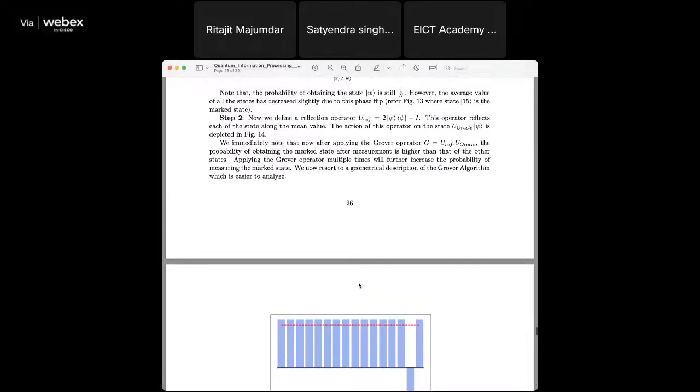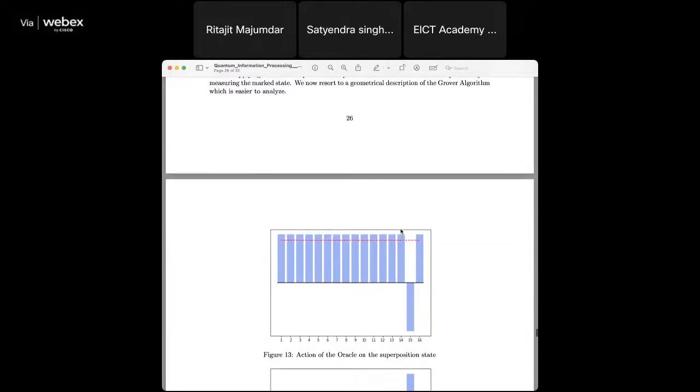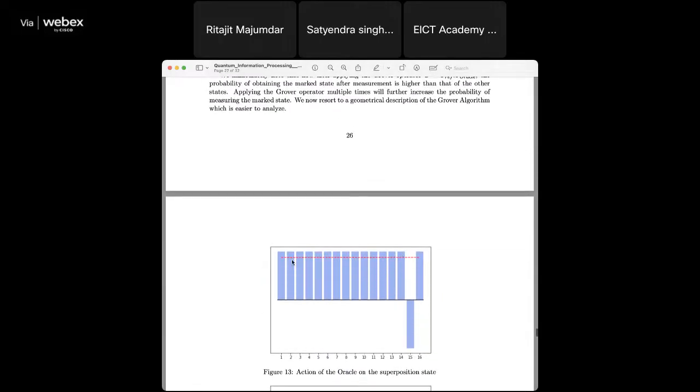Now what I will do is something called a reflection operator. And the reflection operator in general is defined like this, but let's not go too much deeper into the mathematics. Pictorially speaking, the essence of this is very simple. You take this straight line.